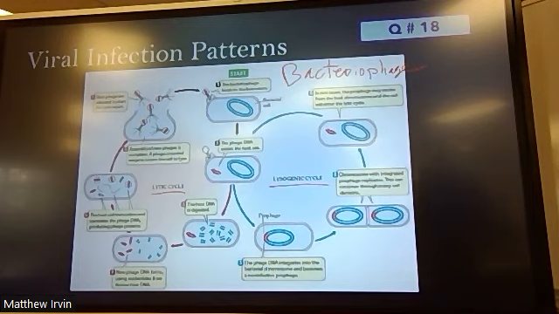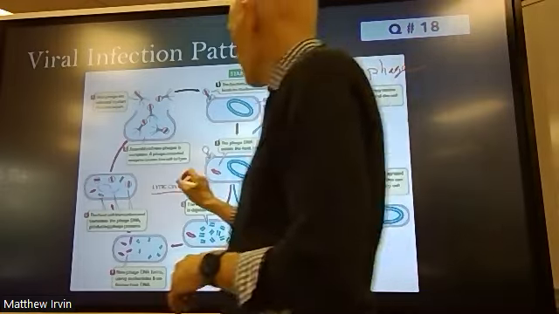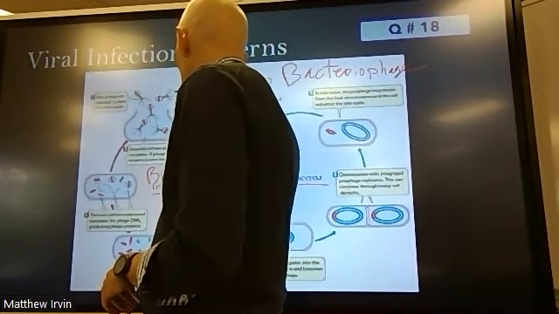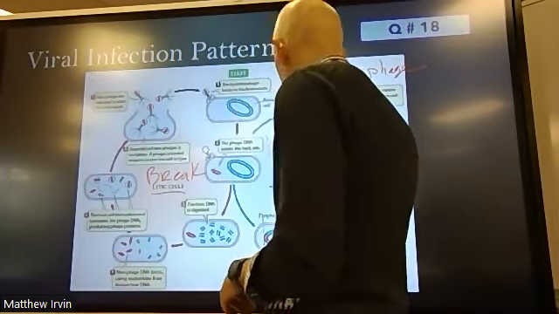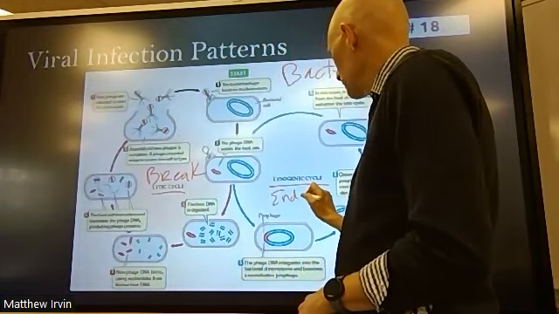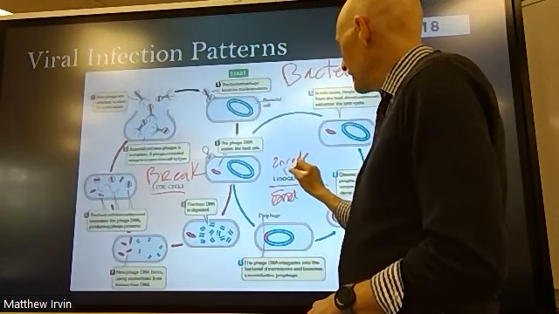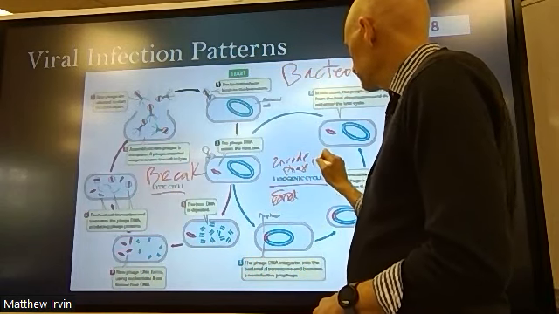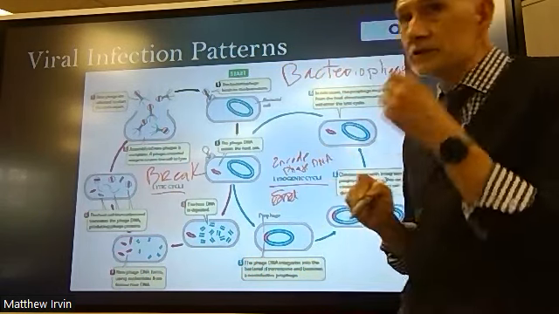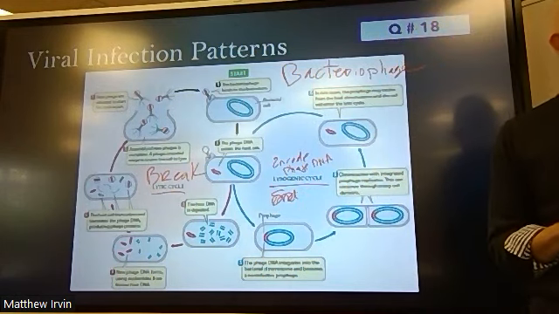Lytic causes the cells to break open, whereas the lysogenic cycle is going to encode the phage DNA into the bacterial DNA.